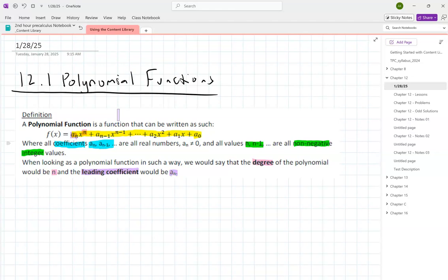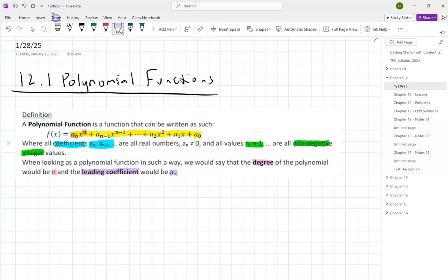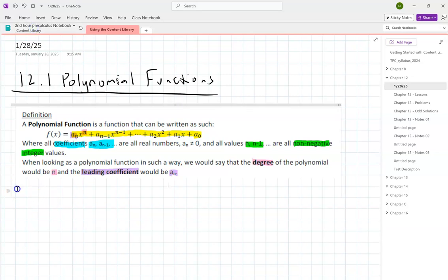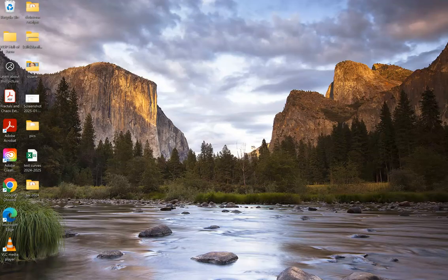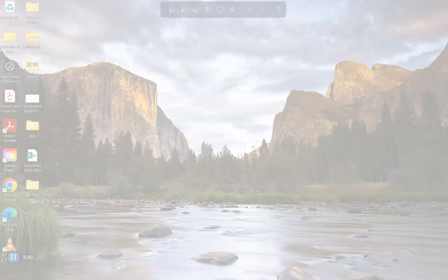So that would be a sub n in this case. Now this looks kind of confusing at the start, but we'll do some examples here and you're going to see that this is pretty straightforward. Let me grab a couple of examples.